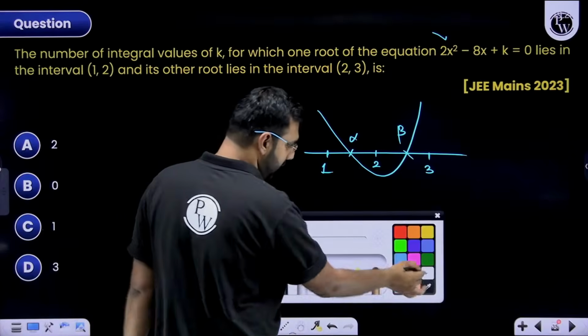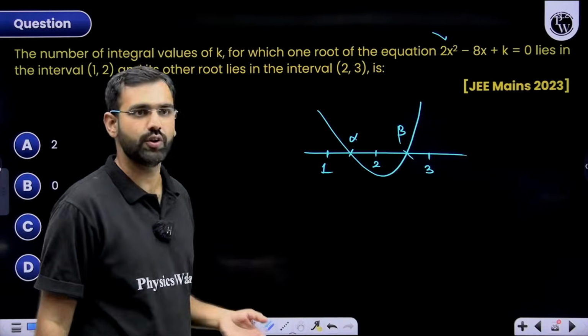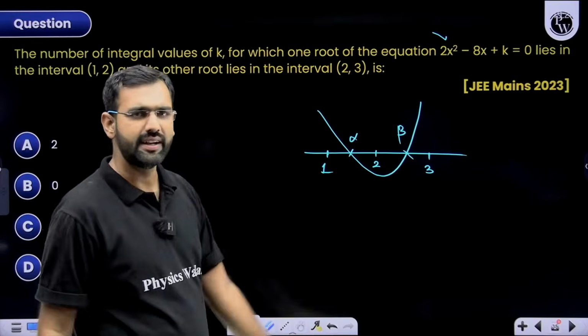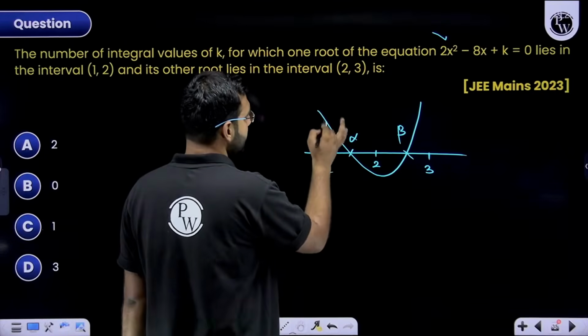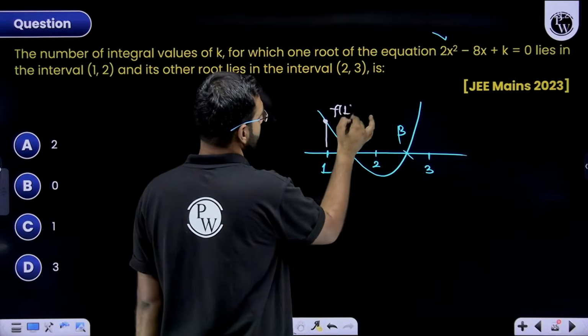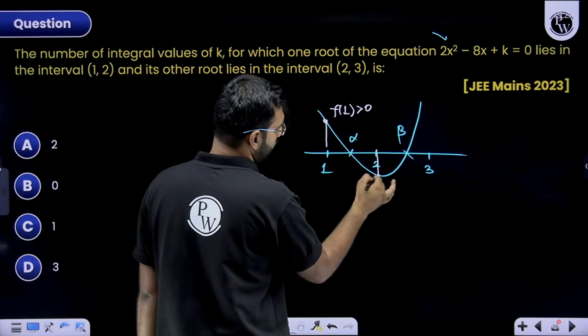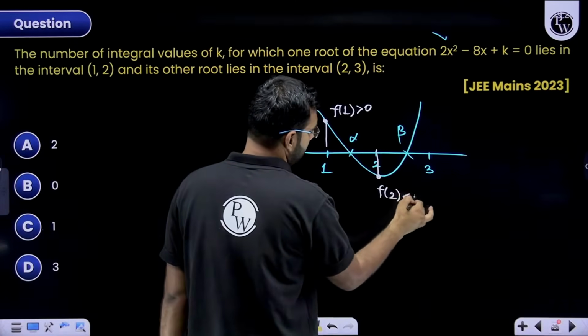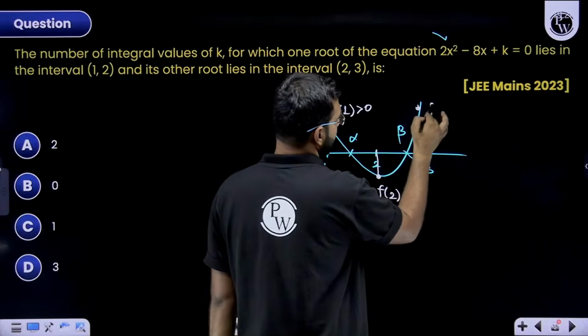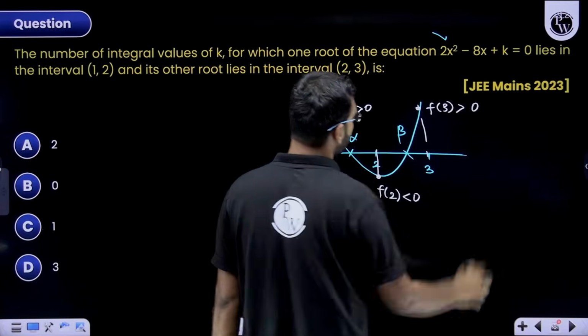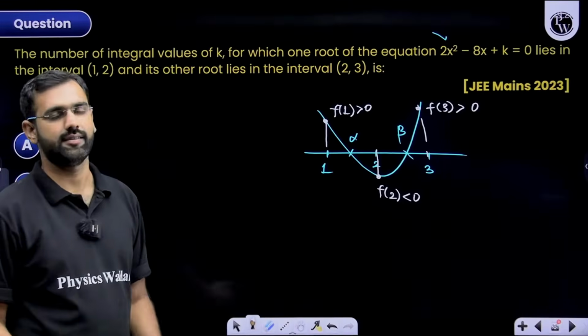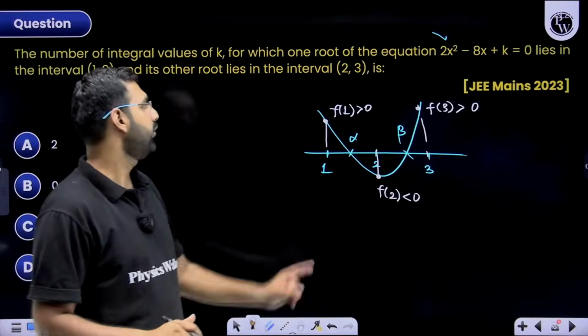Because even if I don't remember the concepts of location of roots, if I simply apply some standard decent logic, I'll say that, sir, first of all, I hope you can see f of 1 should be positive. Second of all, f of 2 should be negative. And third condition, I hope you're noticing, f of 3 should be positive. If I simply impose these three conditions and take their intersection, my answer will be there. F of 1 should be positive.